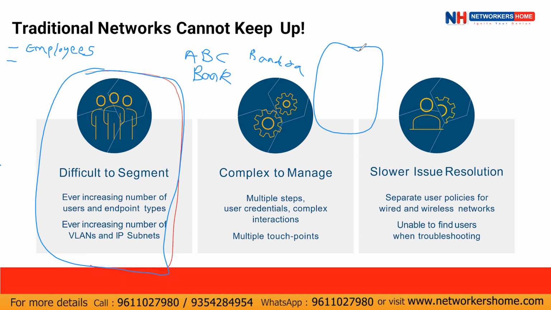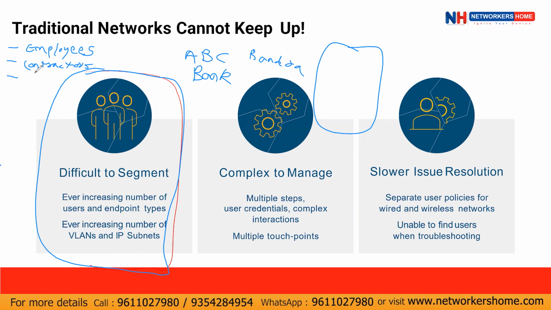Now, the type of users they have is employees. They also have contractors, who are the company people managing their local area network, the WAN part, the SD-WAN part, whatever they have implemented.